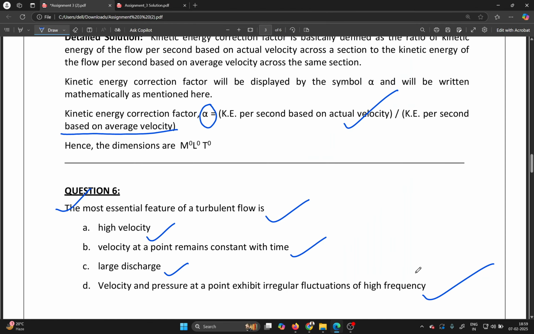Here I also want to talk about the meaning of this fluctuation with high frequency.